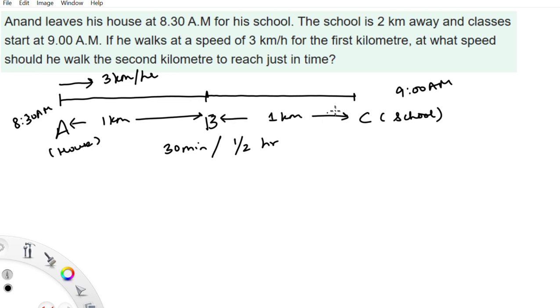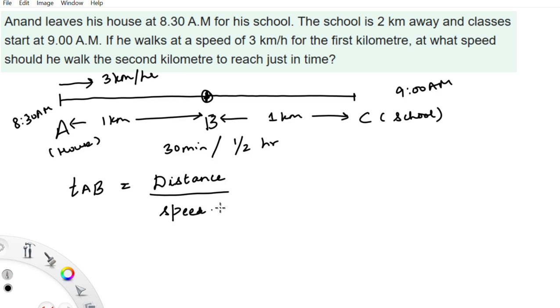So if we can find the time taken by Anand to reach point B from point A, it will become very easy for us to find out the speed at which he should walk the second kilometer, that is the path of BC, right? So let's try and find the time taken by Anand to reach point B. Let's call it TAB. So time is basically equal to distance upon speed. We all know that speed is equal to distance upon time.